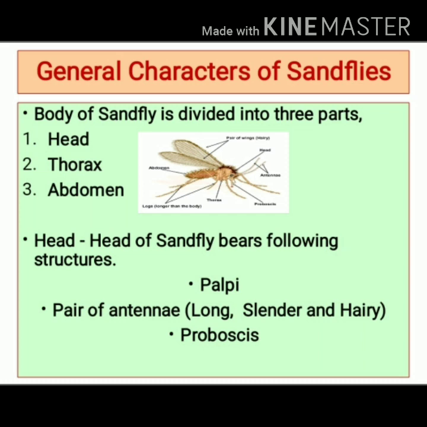The body of a sandfly is divided into three parts: head, thorax, and abdomen. Head of sandfly shows presence of structures like palpi and a pair of antennae. Antennae are long, slender, and hairy. Head also shows presence of a proboscis.